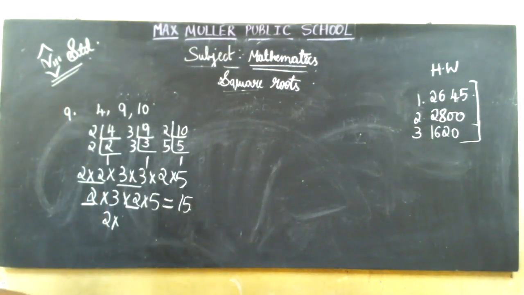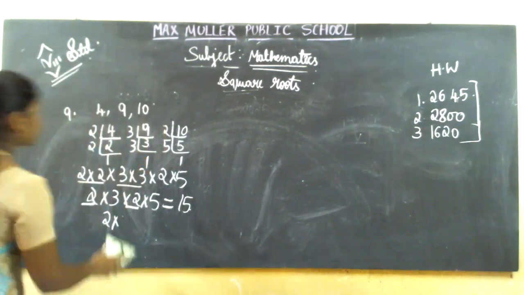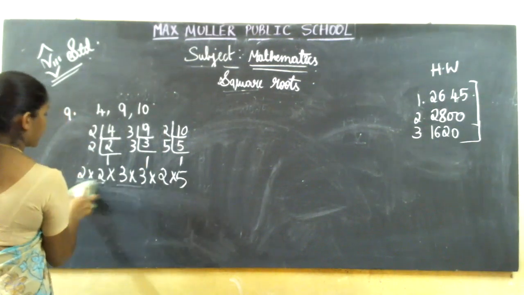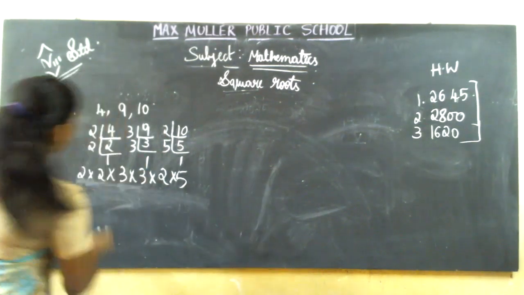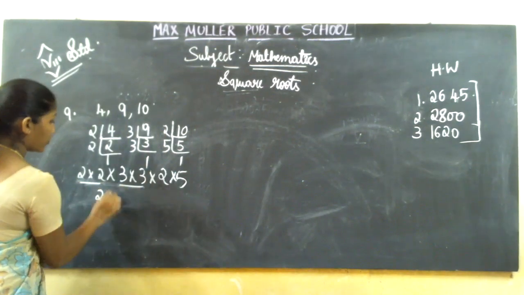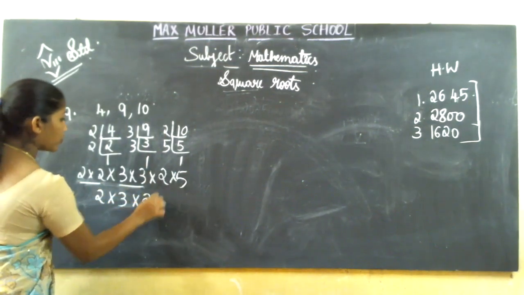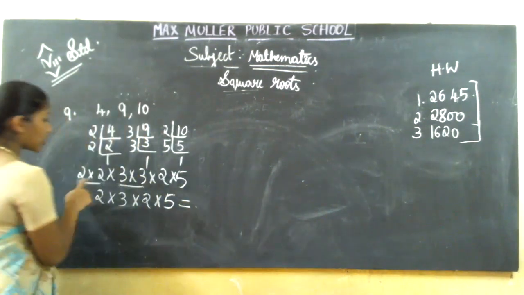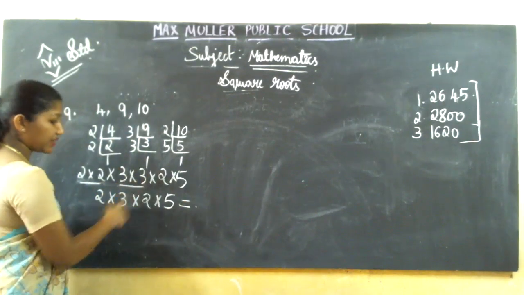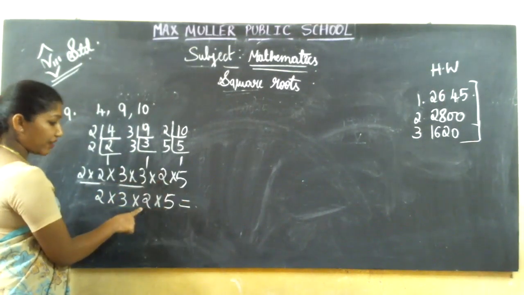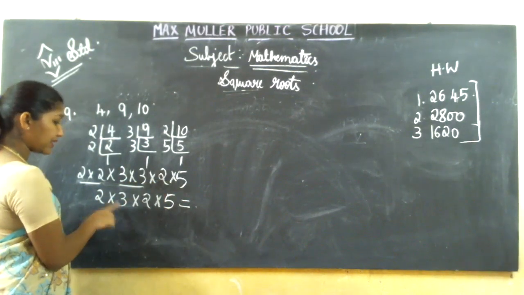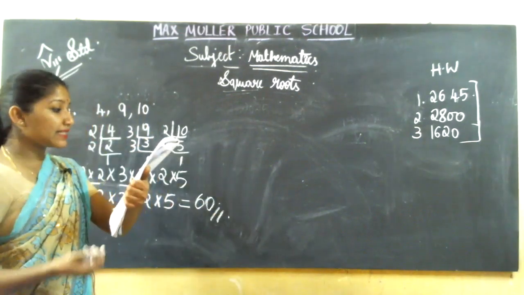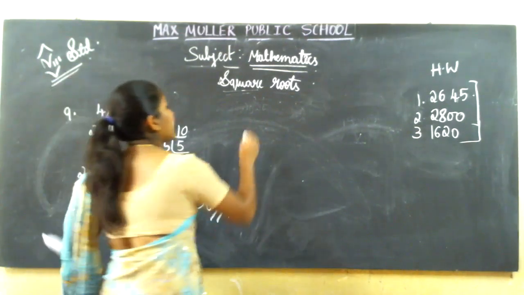You have a pair for 2 cross 3 into 2 cross 5. Is it not? So what you have to do here is, you got a pair for 2, you got a pair for 3, but not 2 and 5. So 5 2s are 10, 10 3s are 30, 30 into 2, you will get 60.